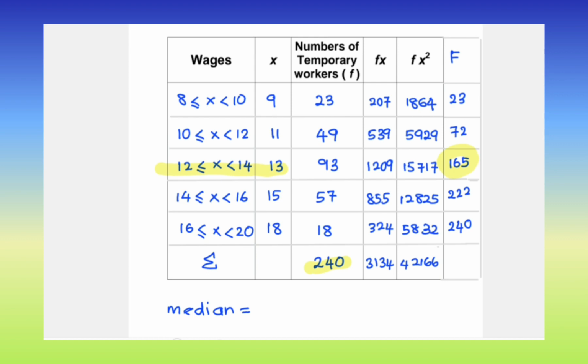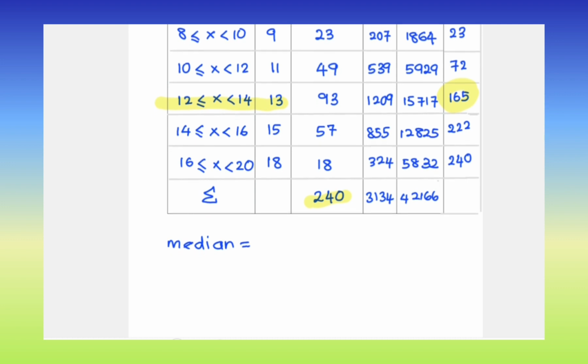antara 12 hingga 14. So dengan menggunakan formula untuk median, okay, ingat tak apa formula dia? Mula-mula lower boundary. Macam mana nak cari lower boundary? Kita akan ambil upper boundary here plus dengan lower boundary here divide by 2. So, in this case, lower boundary is 12, plus 240 over 2 minus 72.